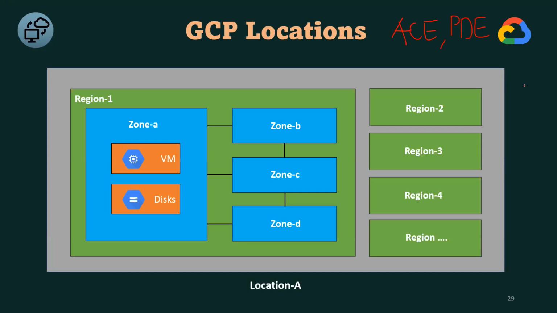Digital leader is also fine, but I'll suggest you go for ACE instead of digital leader. Digital leader is very basic. If you have an associate cloud engineer or a professional certification, there is a lot of visibility outside.